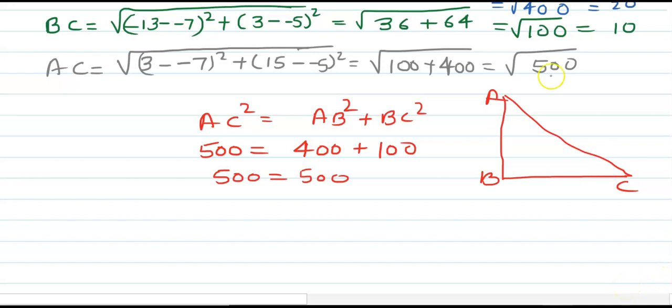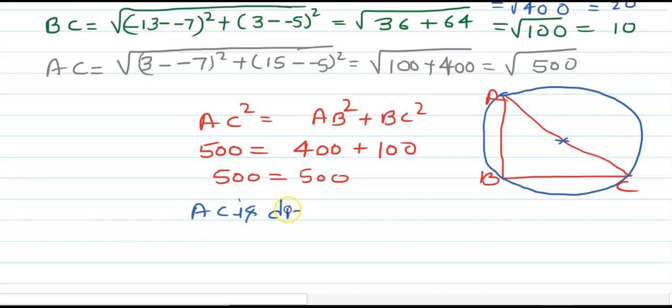When the circumcircle passes through A, B and C, in that case AC will be the diameter. If AC is the diameter, then we can find the midpoint.